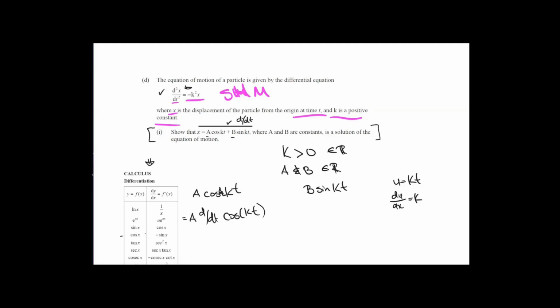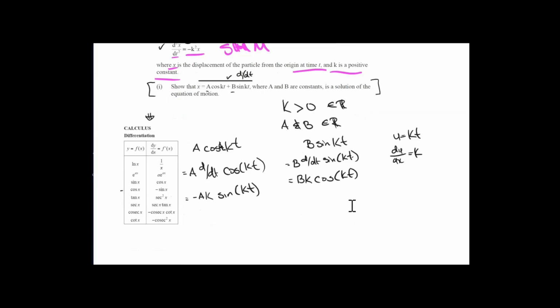Well, when we differentiate cos, we get negative sine. So this is going to be negative ak sine of kt. And then when we differentiate b sine of kt, we get cos, so that's going to be bk cosine of kt.